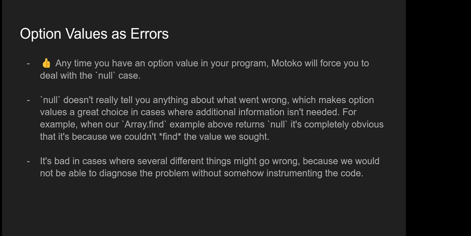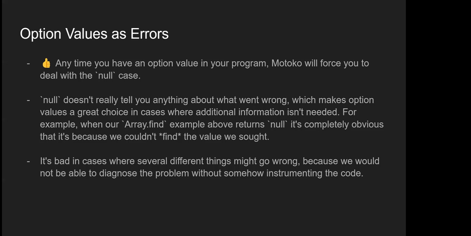So that's great in situations where you don't need additional information. For example, we used array.find in one of the code examples above. And if we receive a null value back from array.find, it's going to be totally clear to us that whatever we were looking for can't be found. There's really no other information to provide other than, given the data set that you provided and the filtration method that you provided, no results were to be found.